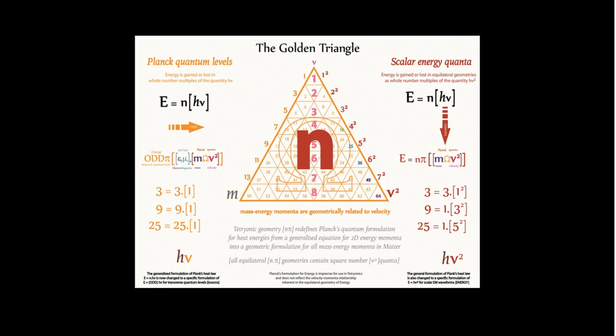They're normally formulated as E equals n h nu in terms of Planck's relationship of energy and its quantization. But that formula can apply in either direction, as I've just discussed. It can relate to the longitudinal or the transverse measurement of quanta, or energy momenta, within that scalar field.